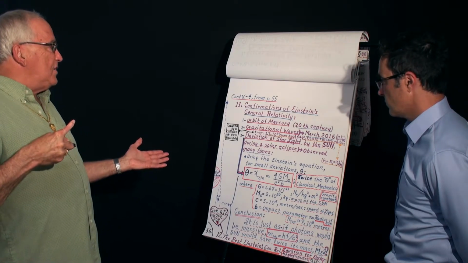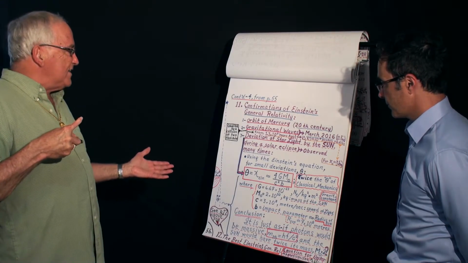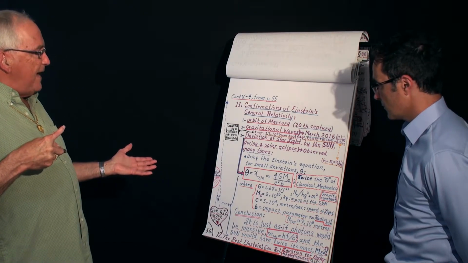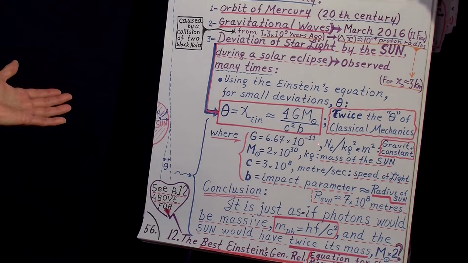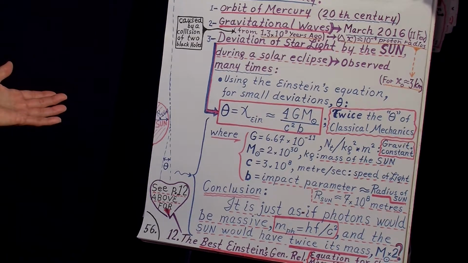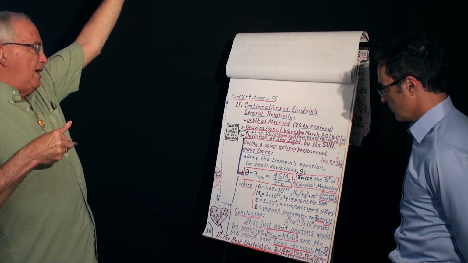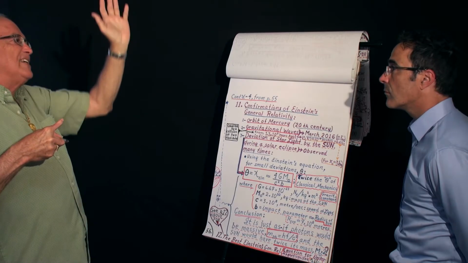And so my interpretation of this little equation, with the mass of the sun, the gravitational constant, the speed of light, and b the impact parameter, which is the radius of the sun in our case, because it's when light rays go just next to the sun.